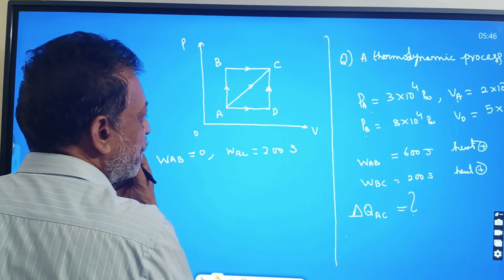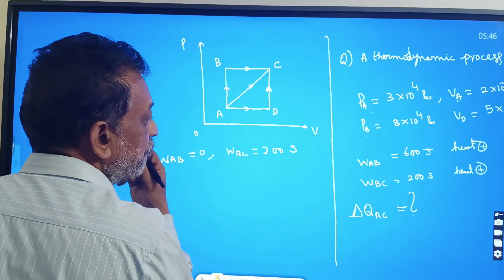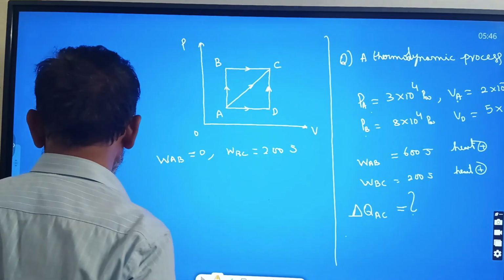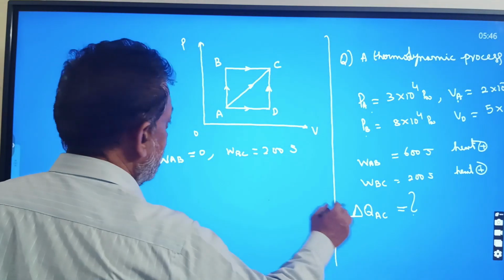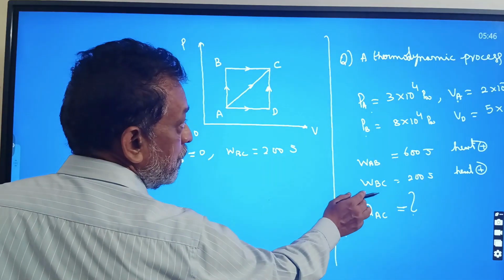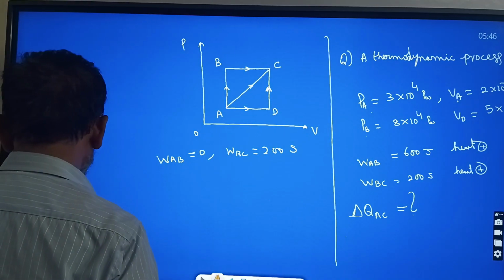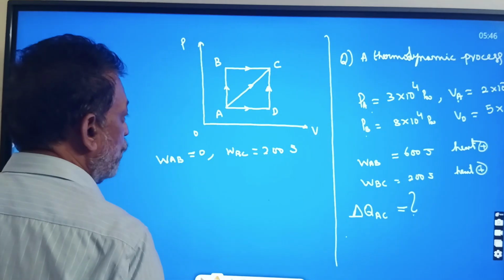Once again, WAB is equal to 0, but WBC is given as 200 joule.